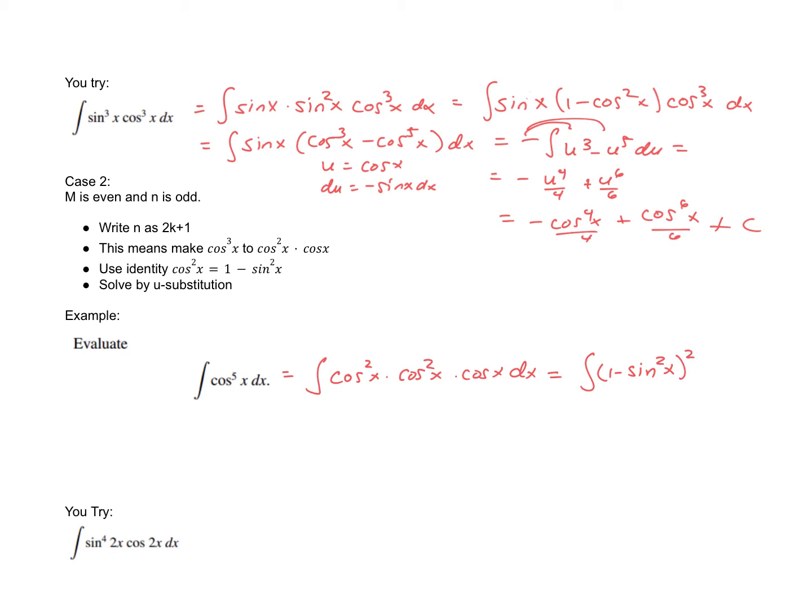And since there's 2 of them, I'll just put a square on it to save some space. So now I'm going to do my distributing there. I'm going to multiply out 1 minus sine squared, squared. My little trick: square the first, square the last, and squish and double.